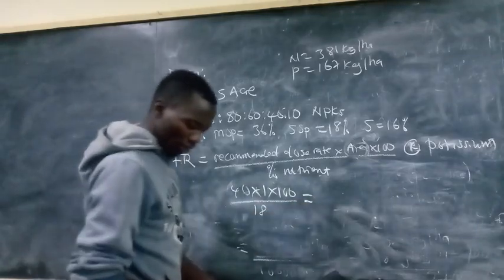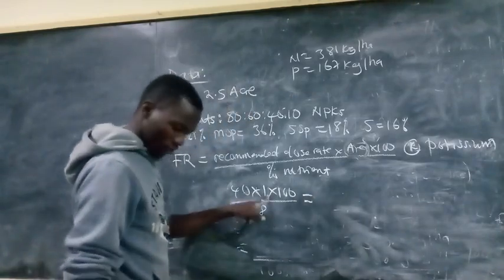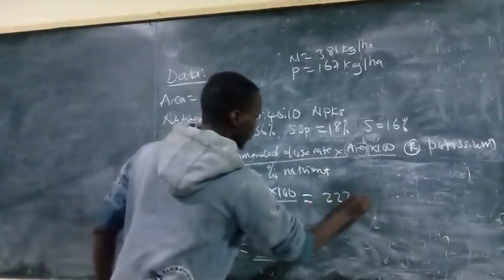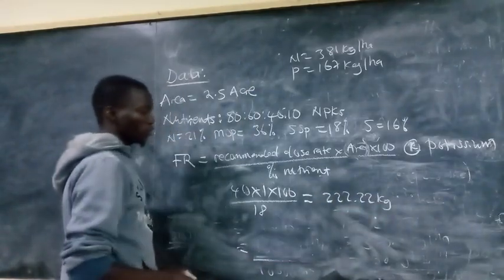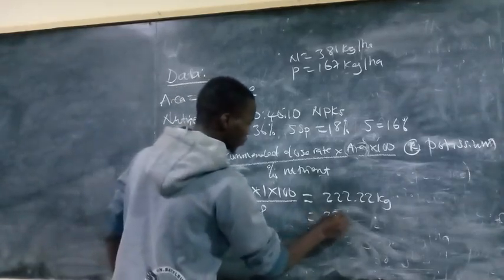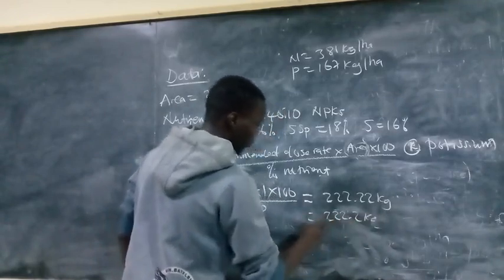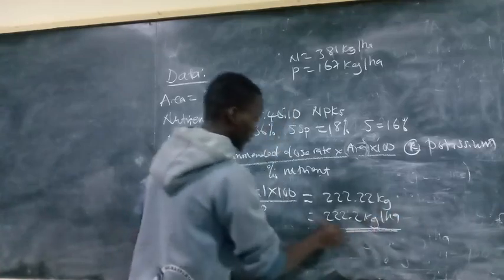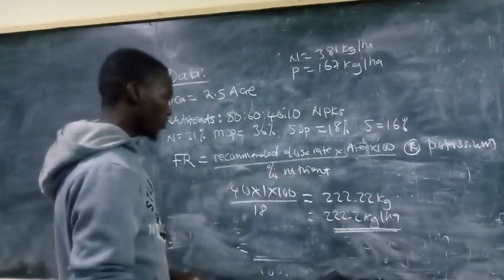So when we do that, 40 by that, we get a number that looks like that. 22.222 goes like that. So this would approximate to 22.2 kg a hectare. So this would be a fertilizer requirement for that nutrient, which is potassium.